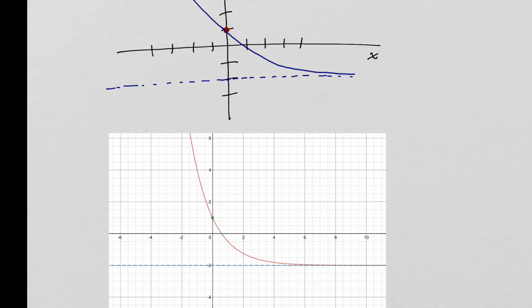Okay, let's see if we can go the other way now. I'm going to give you a graph, and let's see if we can find the exponential equation.